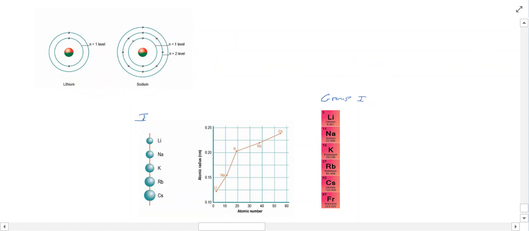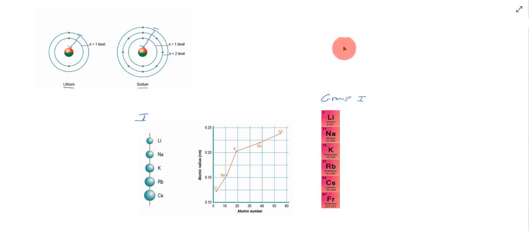If you were to measure the distance from here to here, and the distance from here to here, sodium is going to have the bigger radius. So what we want to understand is why this is the case. We have two different effects that affect lithium and sodium, and these impact the size of the radius.